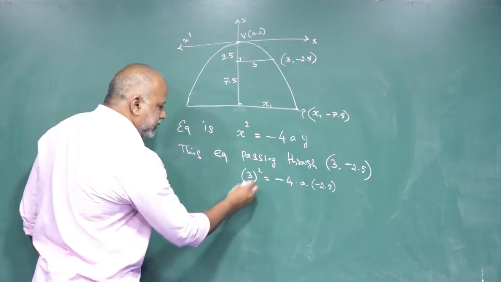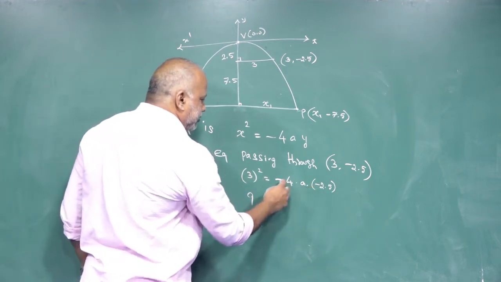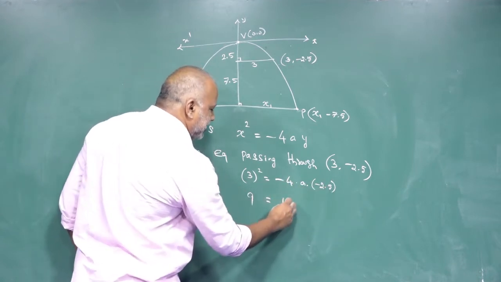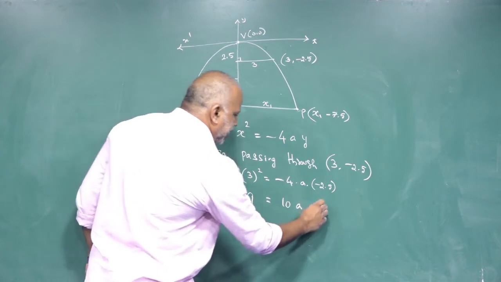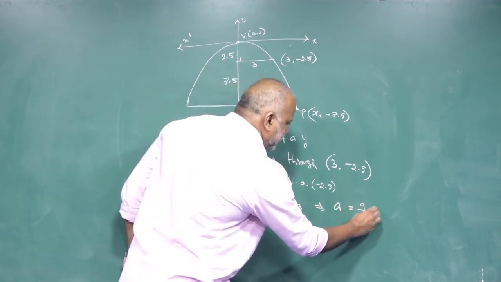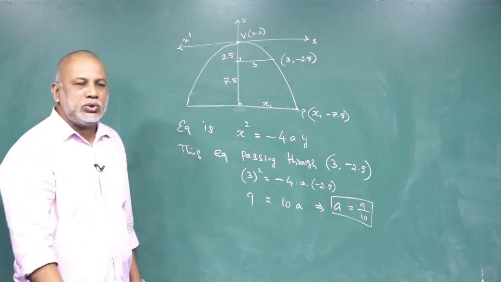Then simplifying this one, 3 squared becomes 9. Here both negative into negative becomes positive. 4 times 2.5 becomes 10. Therefore, a equal to 9 by 10. So the first unknown value we are able to work out.